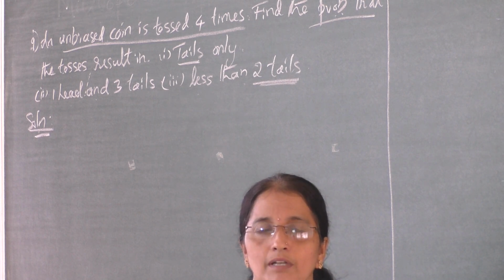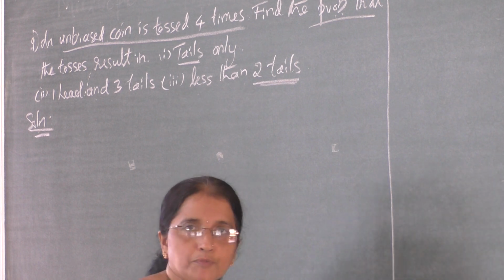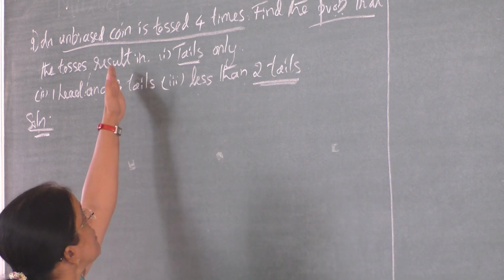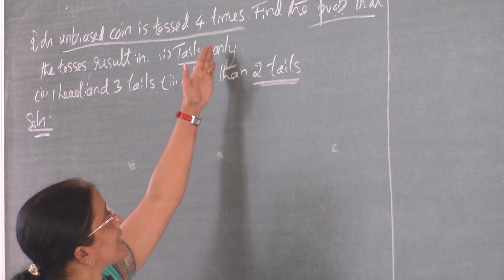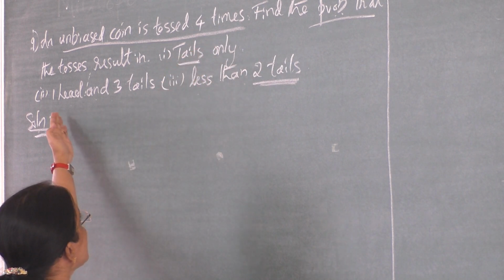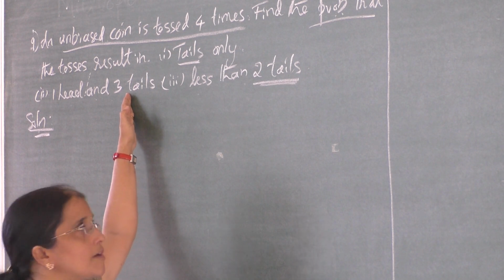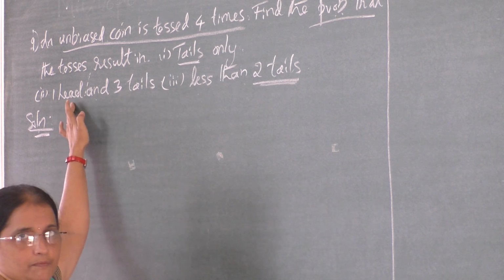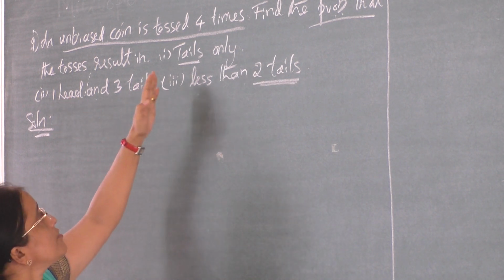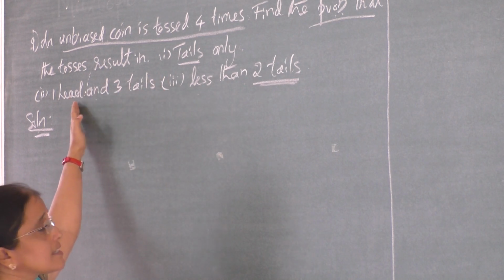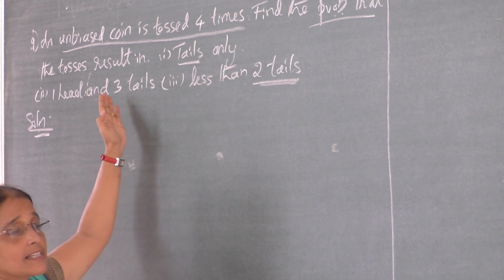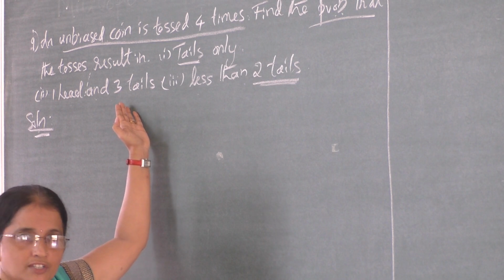It is understandable. In the similar manner, if a coin is tossed 4 times, getting 1 head and 3 tails is the same as giving the information getting 1 head. Among 4 throws, 1 result with the head means obviously the remaining 3 results with the tails.